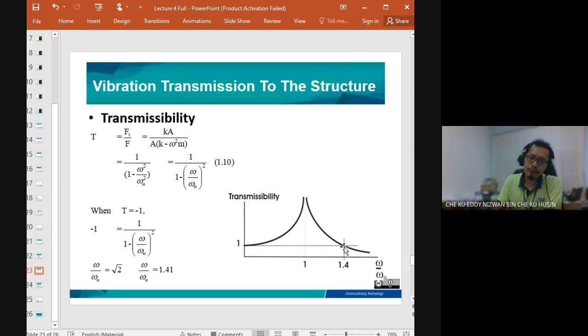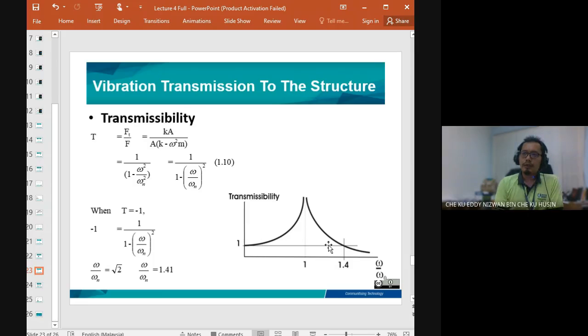So if the excitation frequency ratio is greater than 1.41 to be precise, the force transmitted to the structure will be less than the excitation force. So that's the concept of transmissibility.